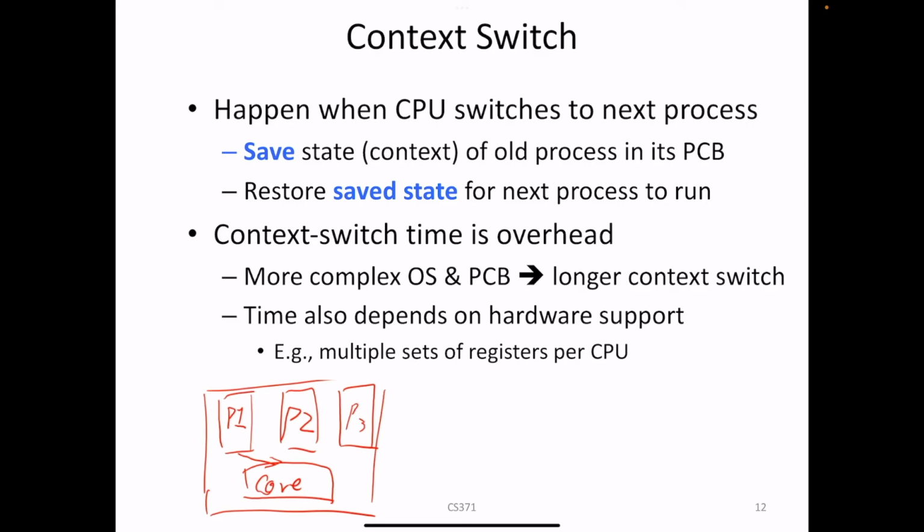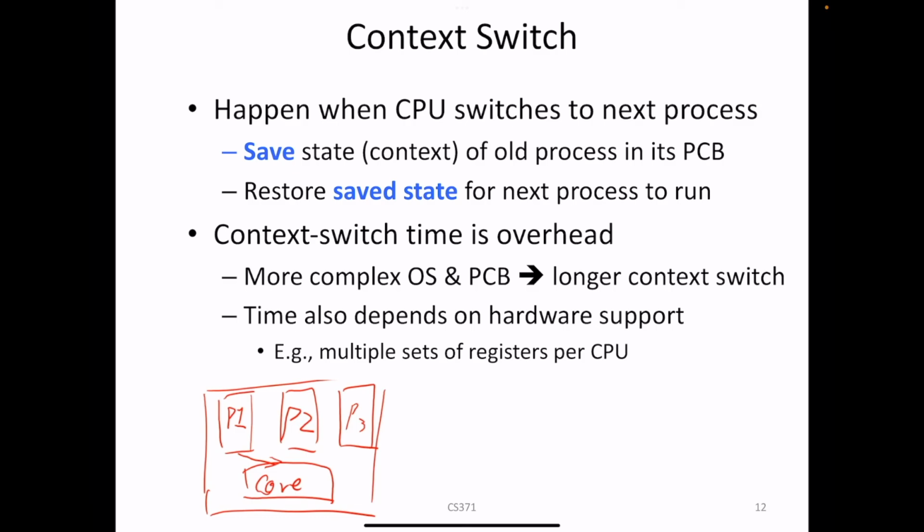You can see here in this computer, we only have a single core CPU, but we have 3 sets of registers. We can have a dedicated register set for process 1, another register set for process 2, and the remaining register set for process 3.